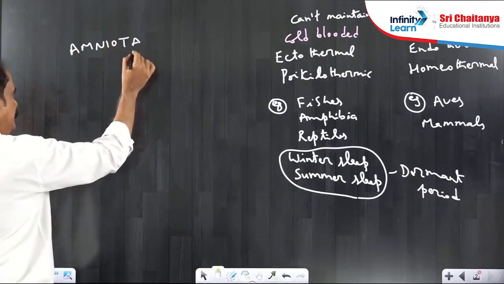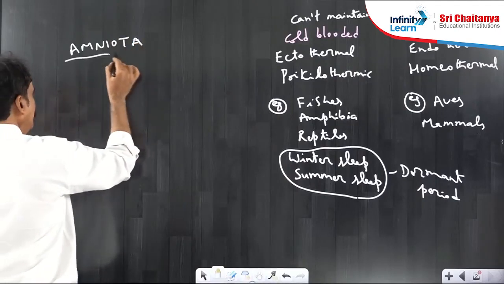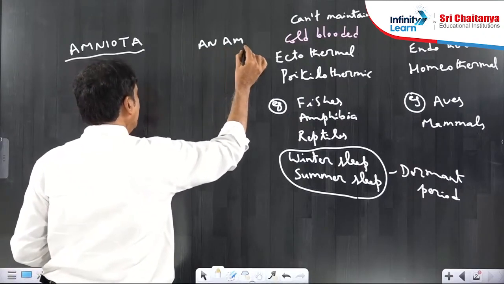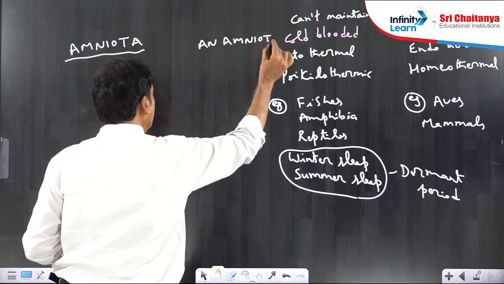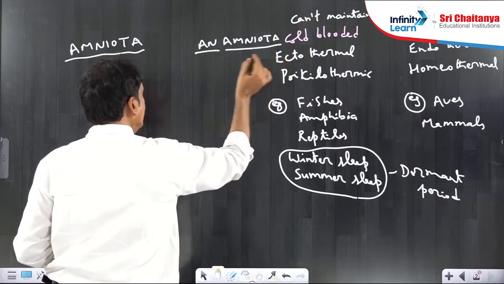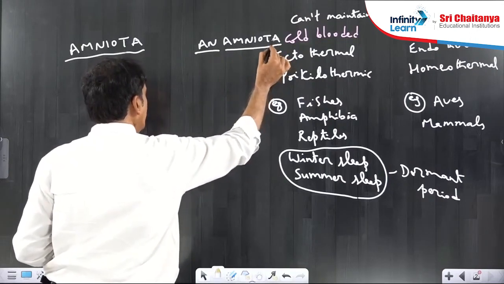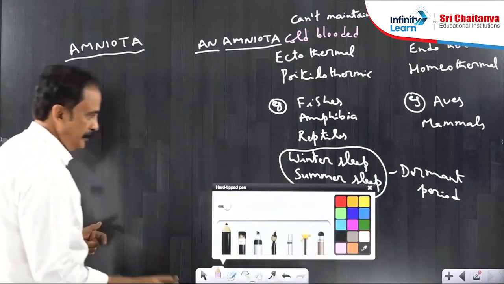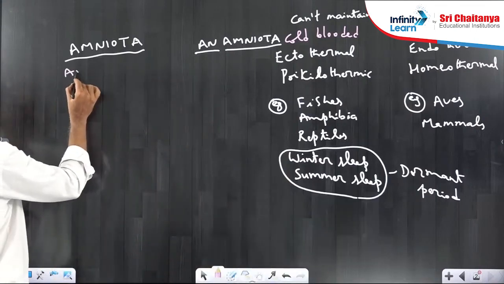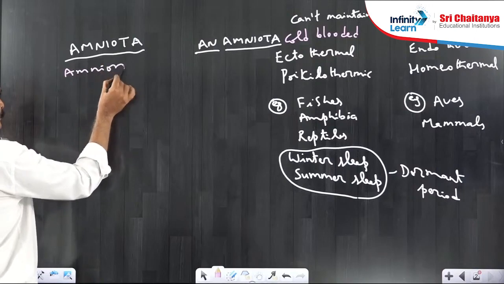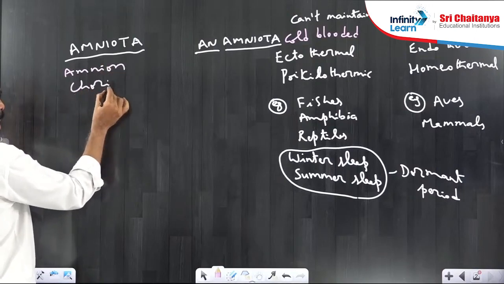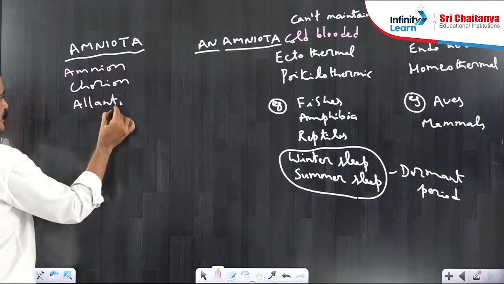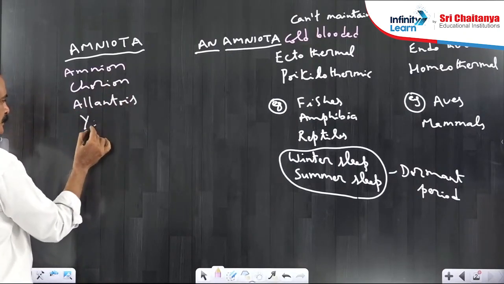We have two groups, one named amniota, and the other group having the prefix 'an'. So, amniota possess the membranes called amnion, chorion, allantois and yolk sac.